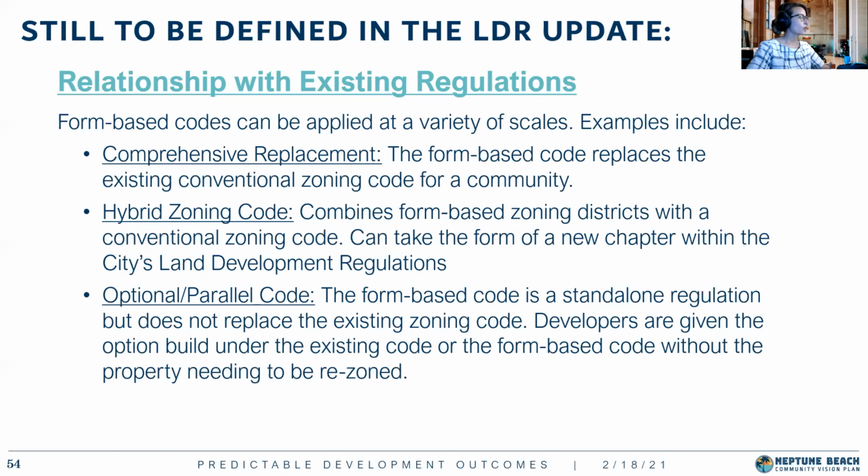And like I mentioned, you can also do an optional or a parallel code, where all of the underlying zoning remains the same, but developers are given the option to build under a new form-based code without actually having to rezone the property. The optional parallel code really only makes sense if there's large undeveloped parcels of land or empty vacant parcels of land. This is probably not the most likely case for a community and city like Neptune Beach.